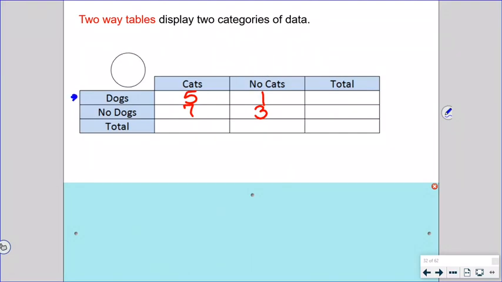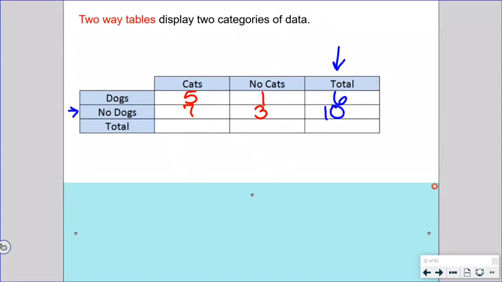Well, that 1 here is no cats and dogs. So one person has no cats but does have dogs. I want to find the total people who have dogs. The way I do that is I do 5 plus 1. 6 people have dogs. Some of them have cats, some of them don't have cats. That's not the point. I just want to know how many people have dogs. So the people that don't have dogs are 7 plus 3, 10.